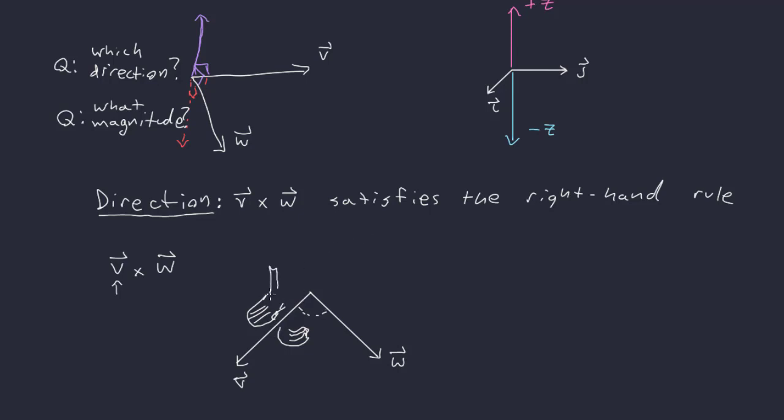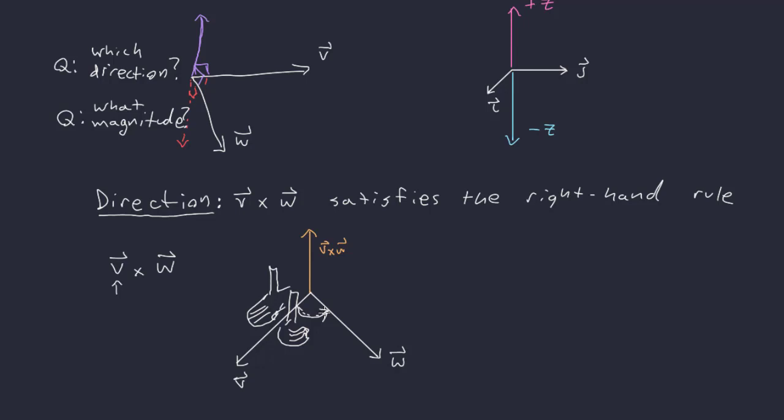And when you do that, your thumb is going to be pointing in the direction that would be the natural cross product. So your V cross W is going to be pointing in this direction because you are going this way. You can karate chop the V and curl around with your right hand this way.